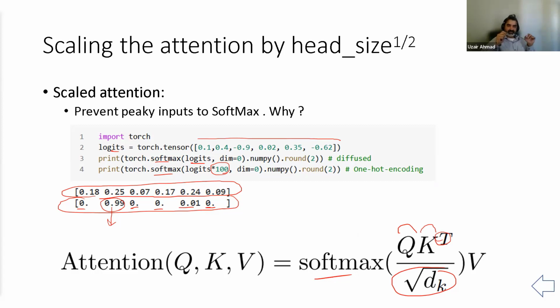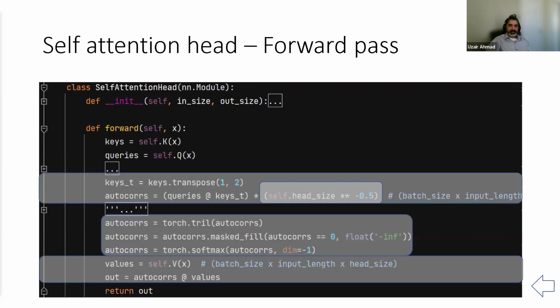If that is the case, we don't want that word to focus on just one word. When we pass it through the softmax, the autocorrelation matrix will become a one hot encoded matrix if the scale is very high. So we need to scale it down by the square root of dk, where d is the head size, the output of the self-attention block.